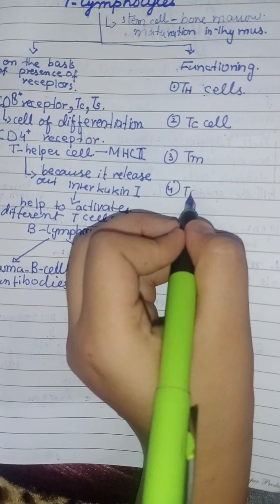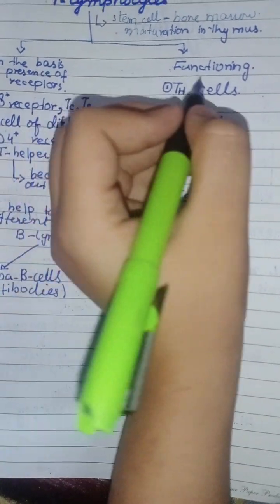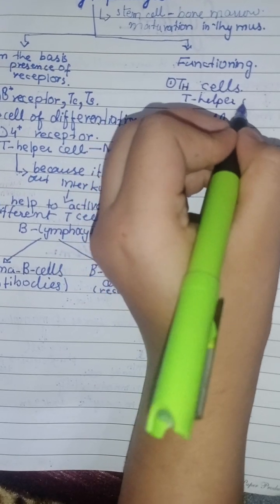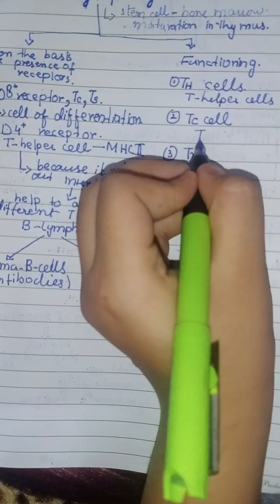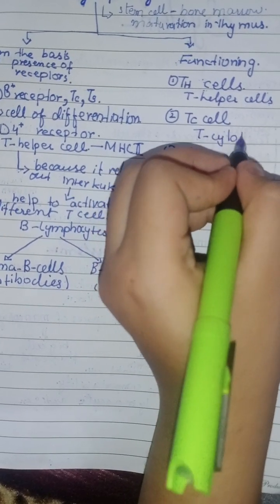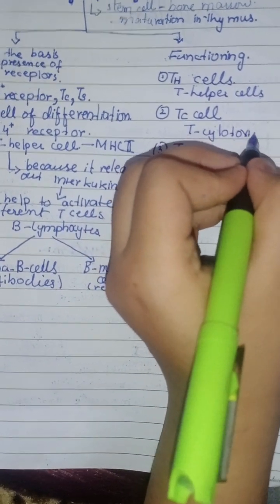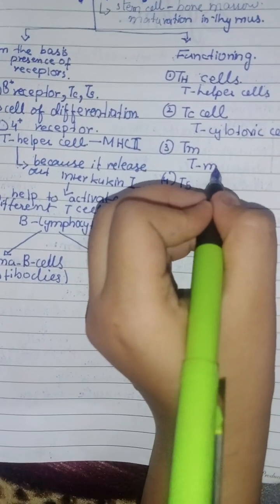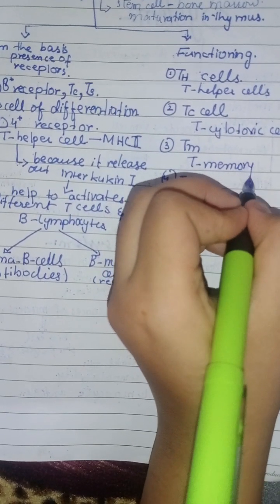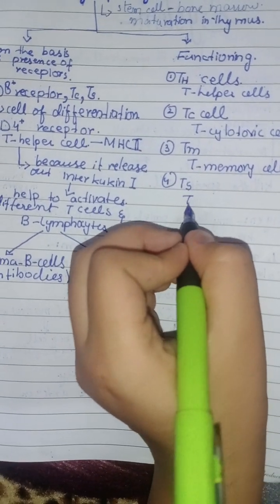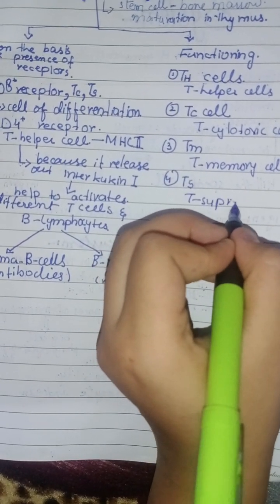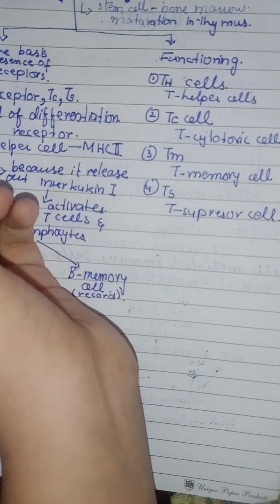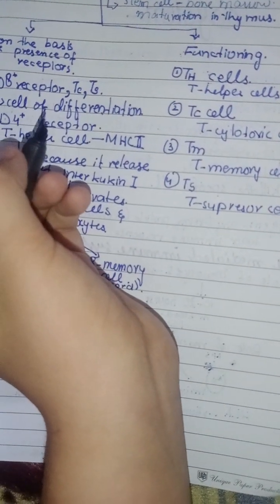Number 4, TS suppressor cells. Okay, so we have these four types of T cells.